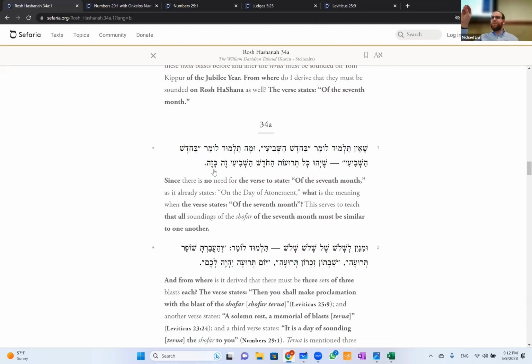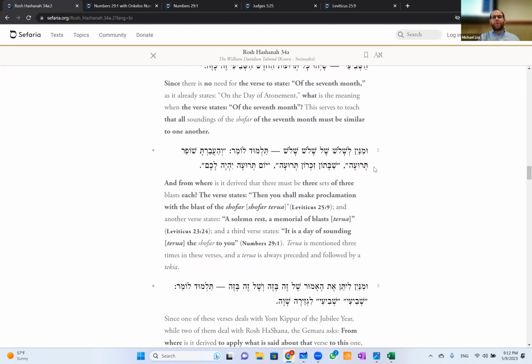So that means you need to have simple before, simple after, meaning tekiah before, tekiah after. It says it by Yovel, but you link it to Rosh Hashanah, which means by Rosh Hashanah you also need to have a tekiah before and after. One more thing that I'll come to. And now the next thing that we need to learn is uminayin le'shalosh shel shalosh shalosh. How do you know that you need to do 3 sets of 3?